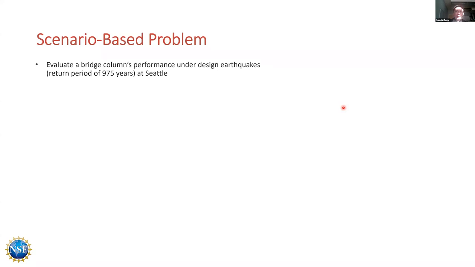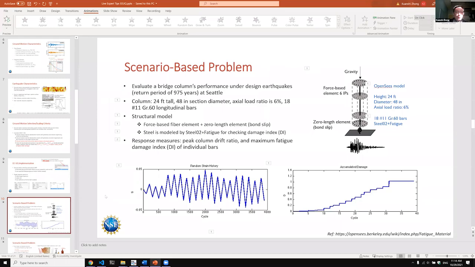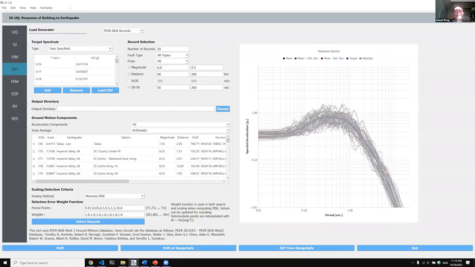So let me stop the presentation and we'll look into the user interface in EE-UQ. This is the EE-UQ user interface. If it's the first time you look at it, you will probably notice several important things.